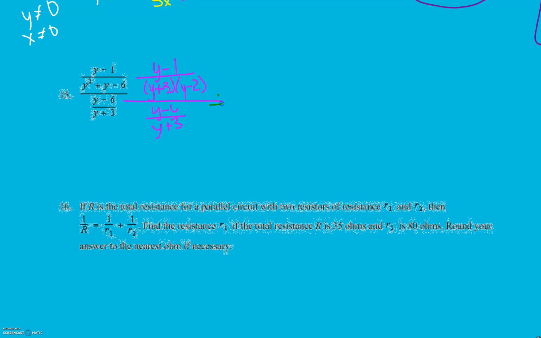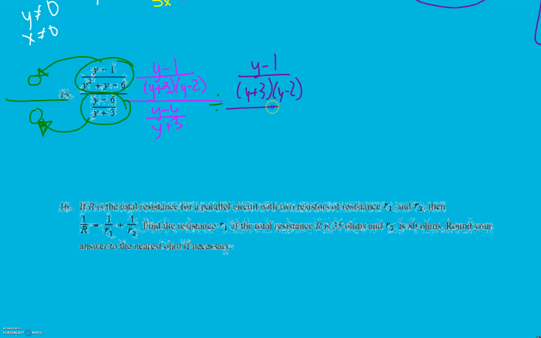Now, to get rid of my division, think of this complex fraction right now as a big division sign where we plugged this fraction in here and this fraction in here. So I keep my numerator exactly as it is, and instead of dividing, I switch to multiplication by the reciprocal.